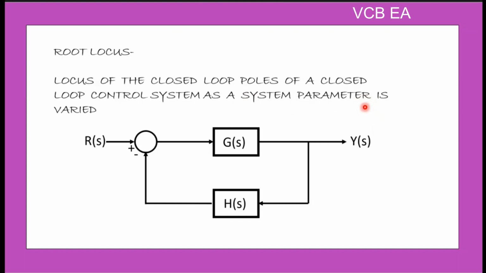Let us consider the closed loop negative feedback control system having G of S as a forward path transfer function, H of S as a feedback path transfer function, and R of S as the input and Y of S as the output. Here, the functions R of S, G of S, Y of S, and H of S are all in S domain and they are all complex valued functions.